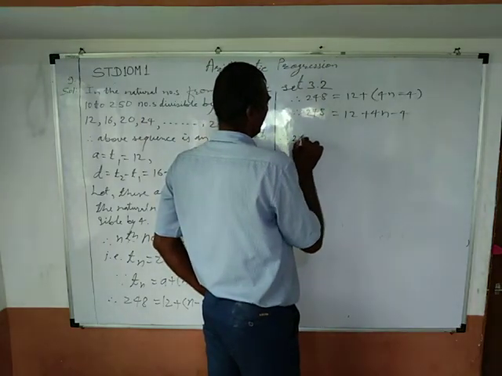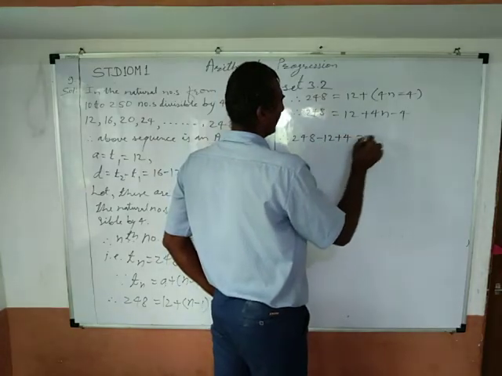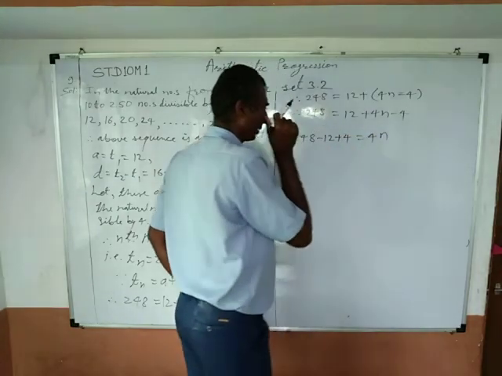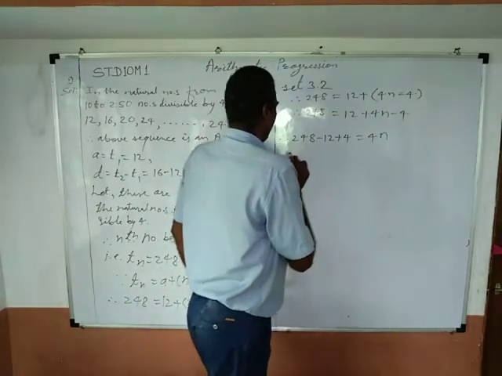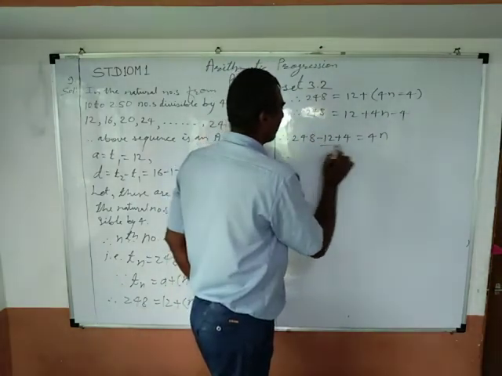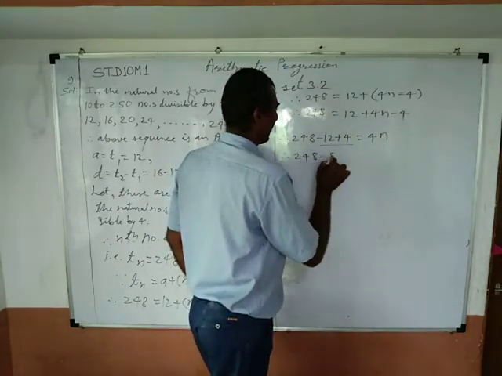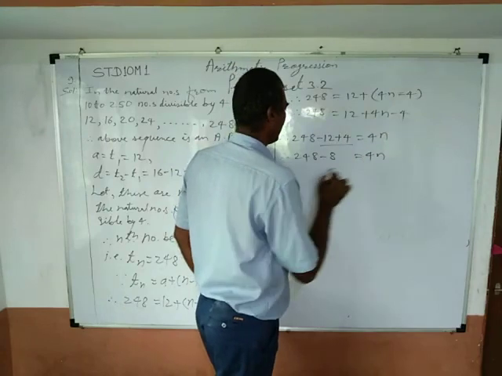Therefore 248 minus 12 plus 4 equals 4n. That means 248 minus 8 equals 4n.